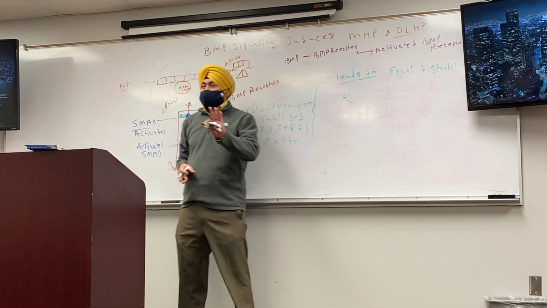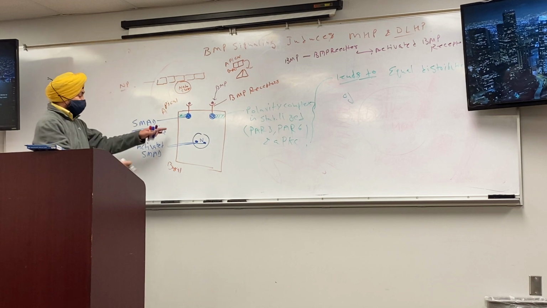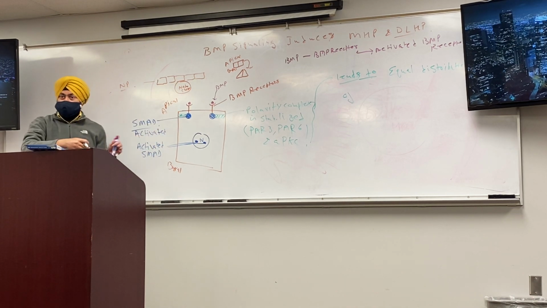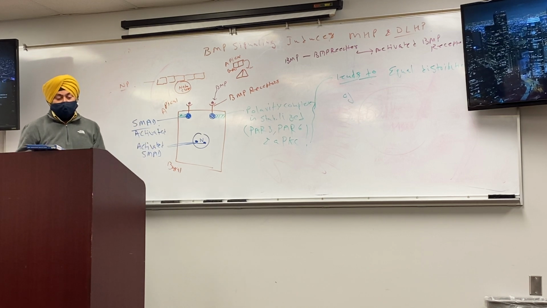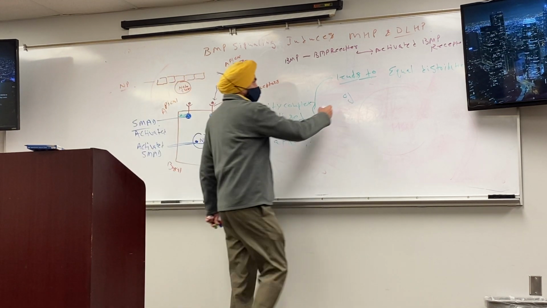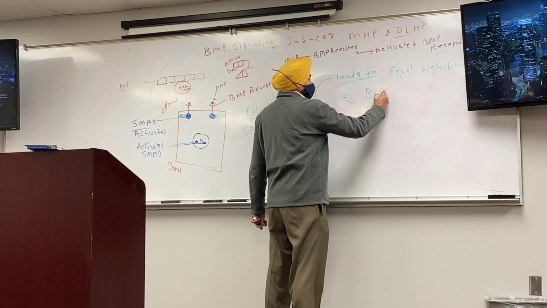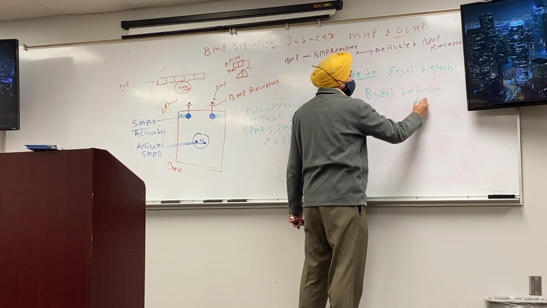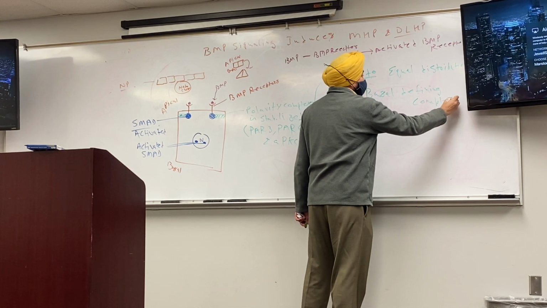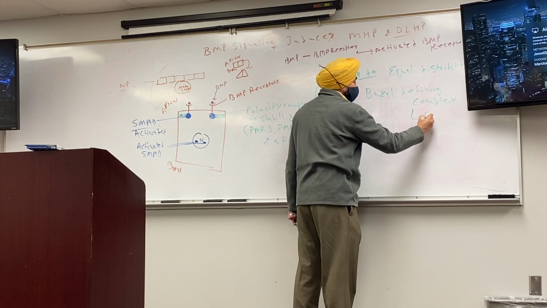The idea here is that you want this cell to stay like this. It means there should be something which can keep these cells like this. Okay, so we call it the basal defining complex, also called LGL.